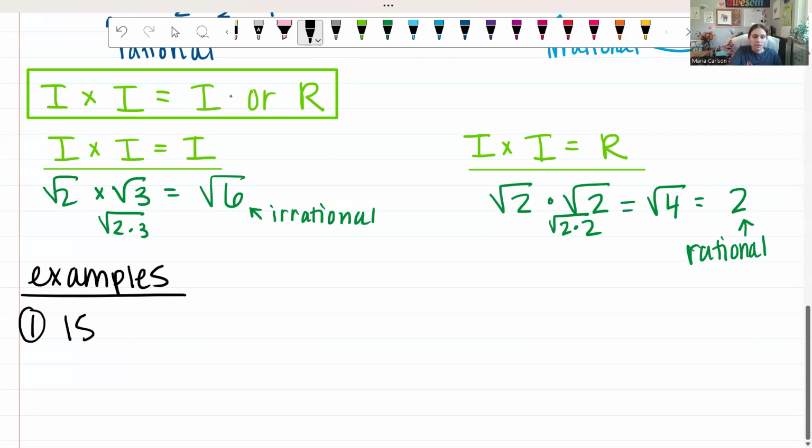Is 3 square root of 5 plus 5 square root of 9 rational or irrational?